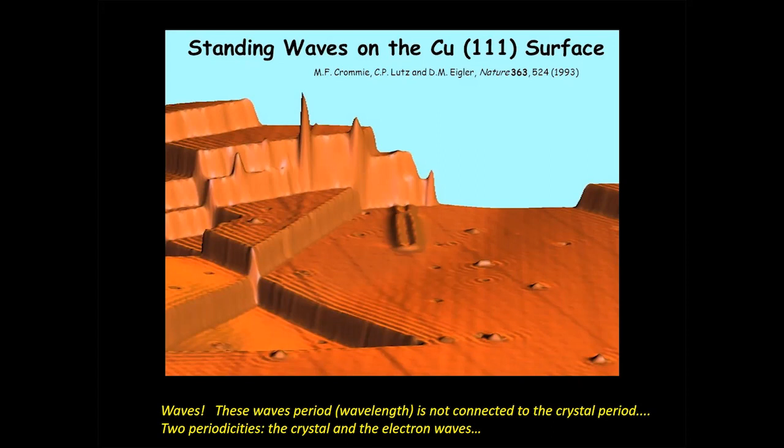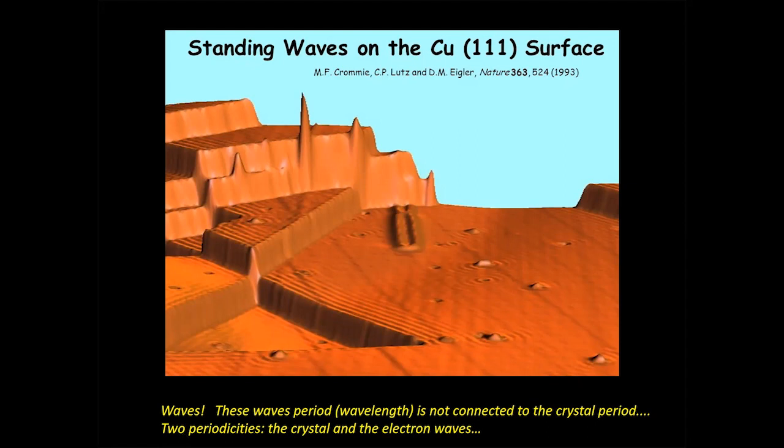And actually, you don't see atoms here, or maybe you see a few of them, the atoms on the surface, like here, here, and here. And then you see standing waves with a periodicity which is not connected to the atomic periodicity of the crystal. So you conclude that you have here two periodicities, the crystal periodicity and the electron wave periodicity.